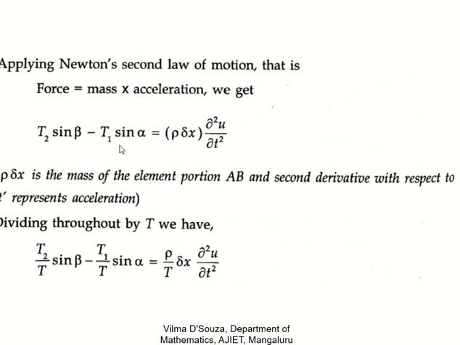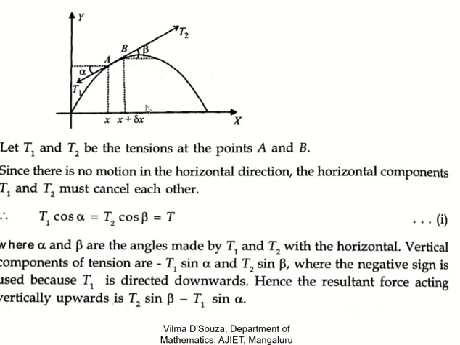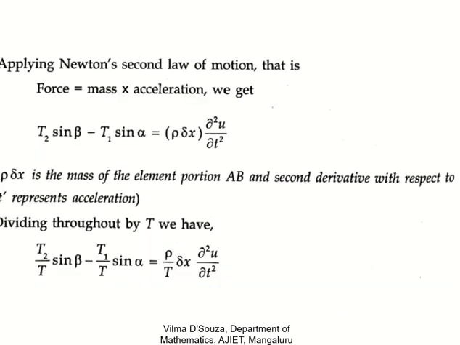The length here, you go back and see, this is delta x. So mass is rho into delta x into acceleration. What is the acceleration? Dou square u by dou t square.